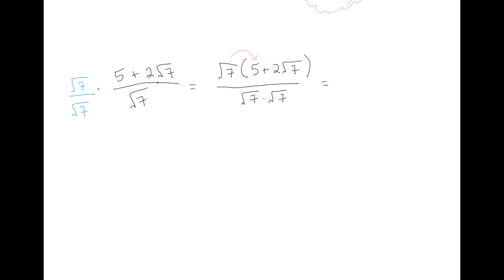On the top, I have 5 times the square root of 7 is just 5 square root of 7. Square root of 7 times 2 square root of 7 is 2 square root of 49.